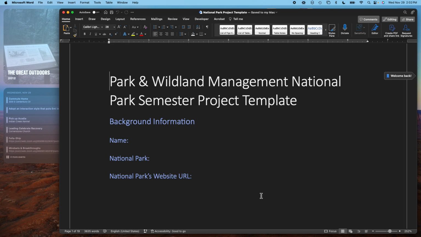This is a long document, mostly because I've put a space for every single thing that we've talked about so far. So if your park doesn't have a particular class of resources like surface flowing waters, just delete that whole section of the template and say, no water here, have a nice day. Okay? So I don't want you to see the page count and get freaked out.